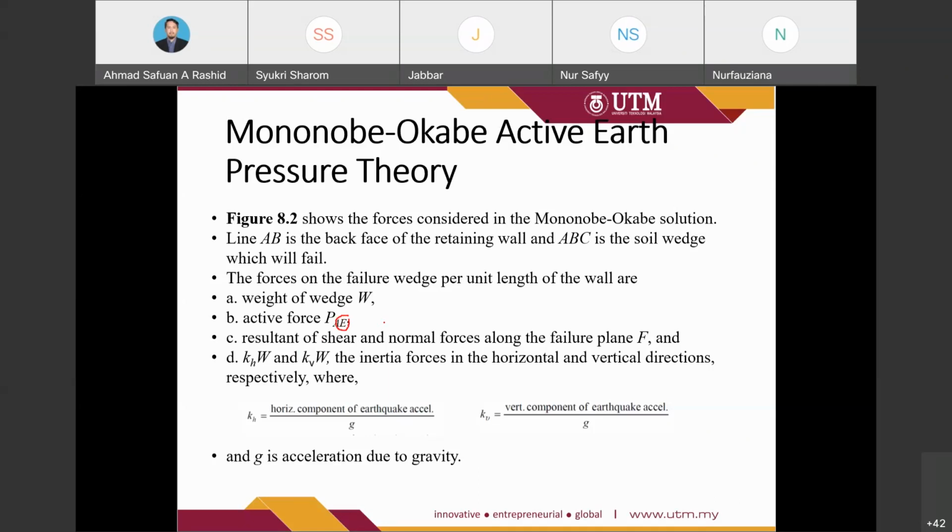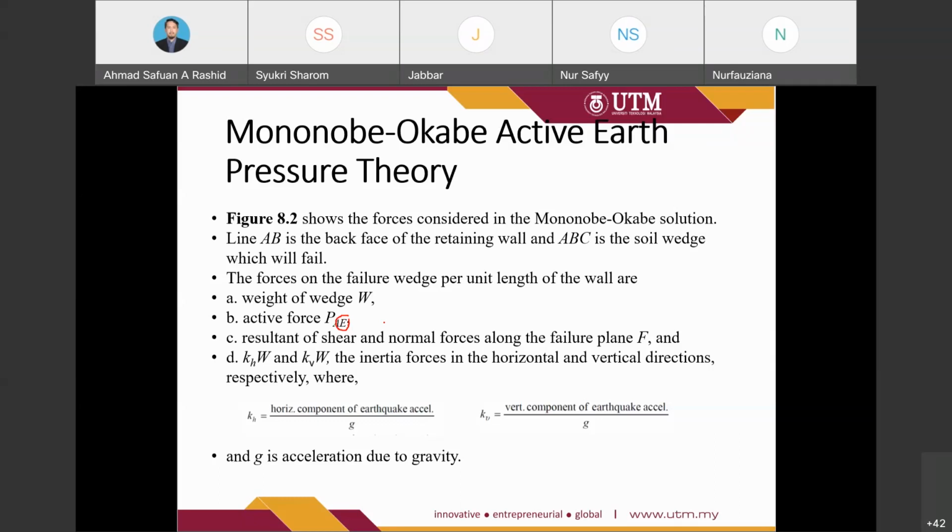The resultant of shear and normal force along the failure plane is F. Then they introduce the KH W and KV W, which are the inertial forces in the horizontal and vertical direction respectively, where KH is the horizontal component of earthquake acceleration over acceleration due to gravity, and KV is the vertical component of earthquake acceleration over g.